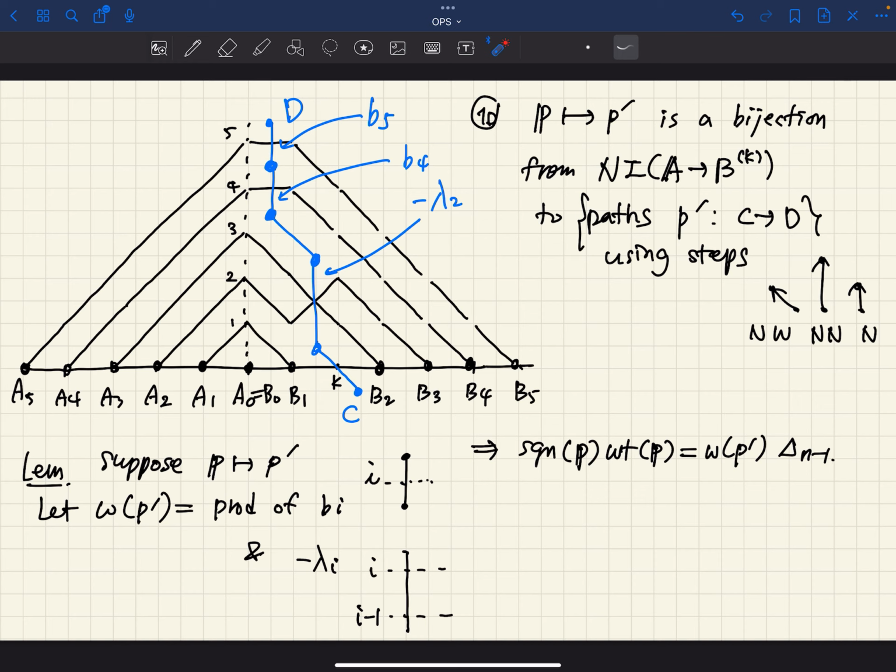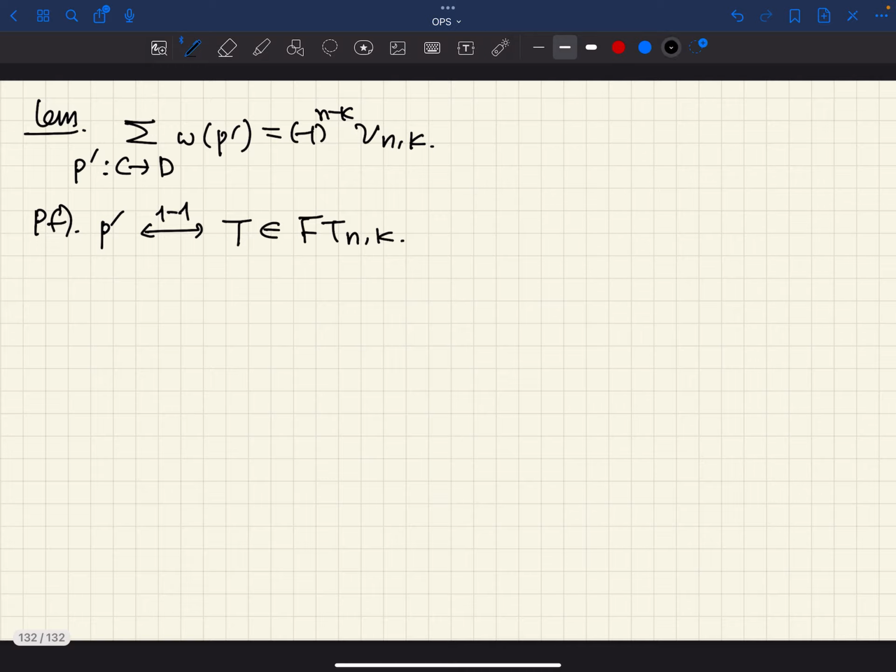So what is the weight? The weight is almost the same, except we have a different sign. If you remember, in Favard tiling, the b's and lambdas all have minus. So this is okay, but we have to have the extra minuses there. Just suppose P prime has r north steps and s double north steps, like this.